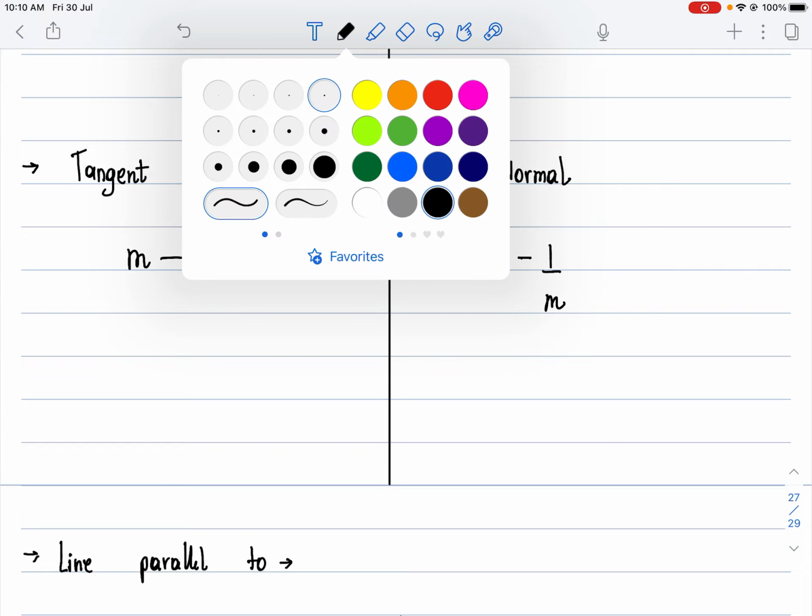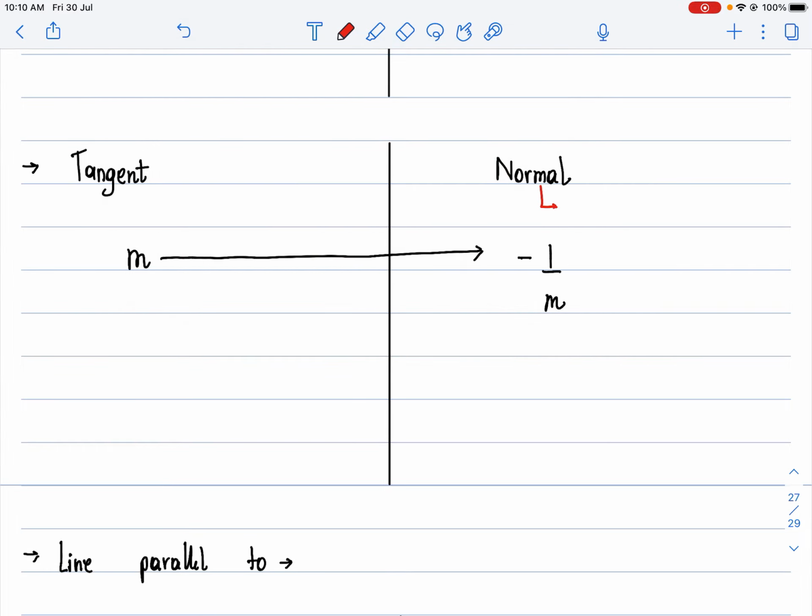So basically the gradient of the normal is the opposite sign and reciprocal of the gradient of the tangent. Correct? This is what you need to know.